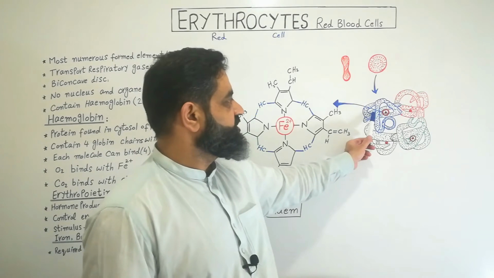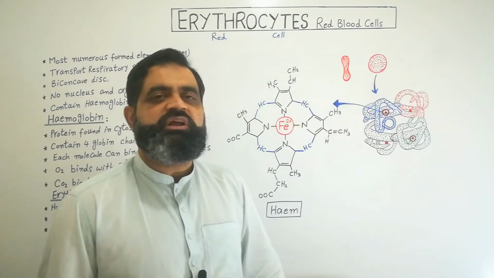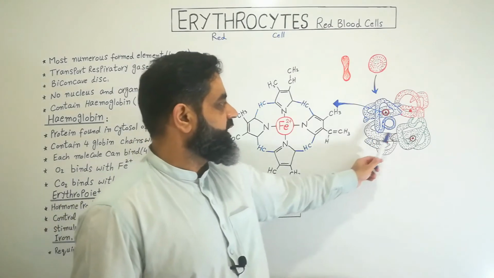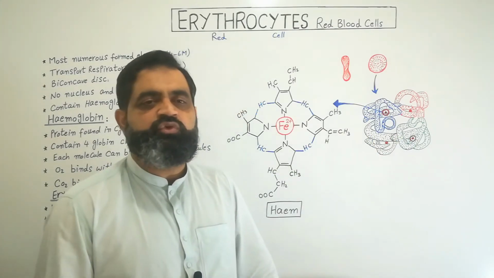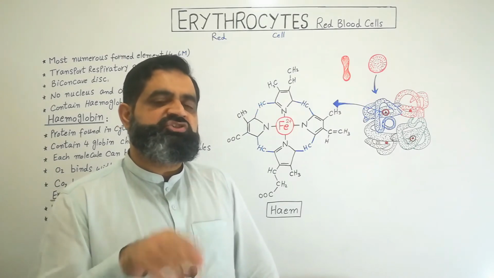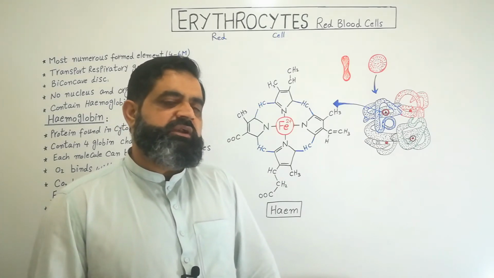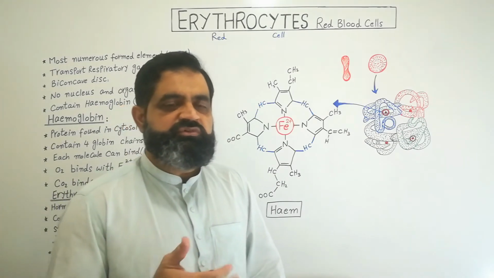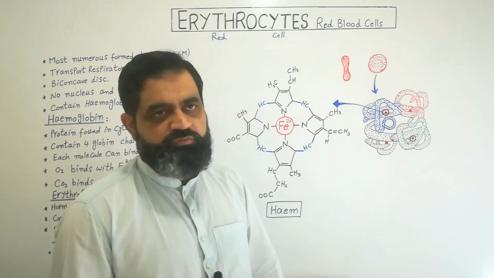This is an alpha chain, this is also an alpha chain, 2 alpha chains which contain 141 amino acids each, and black and green are the beta chains, 2 beta chains, each containing 146 amino acids. So the total number of amino acids in all 4 chains is 574, and thousands of atoms of carbon, hydrogen and oxygen are present inside each molecule of hemoglobin.